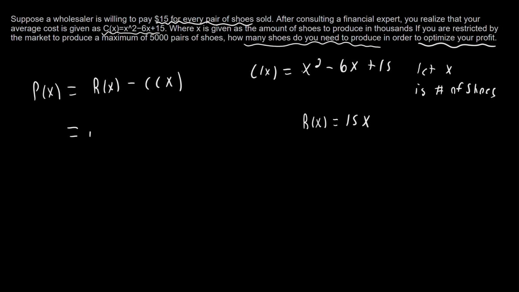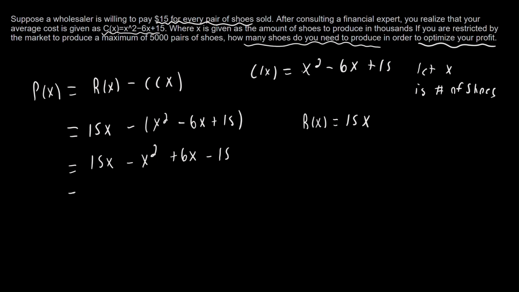So let's just write that here. We're going to get 15x minus x squared minus 6x plus 15. So let's expand. We're going to get negative x squared plus 6x minus 15. And if we collect like terms, we're going to get negative x squared plus 21x minus 15. So this is our function for profit.